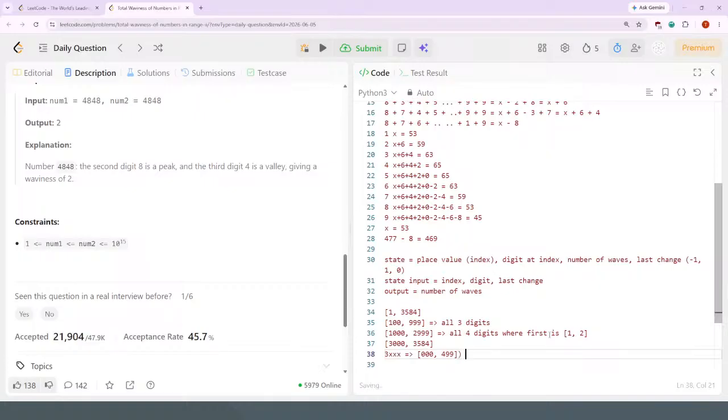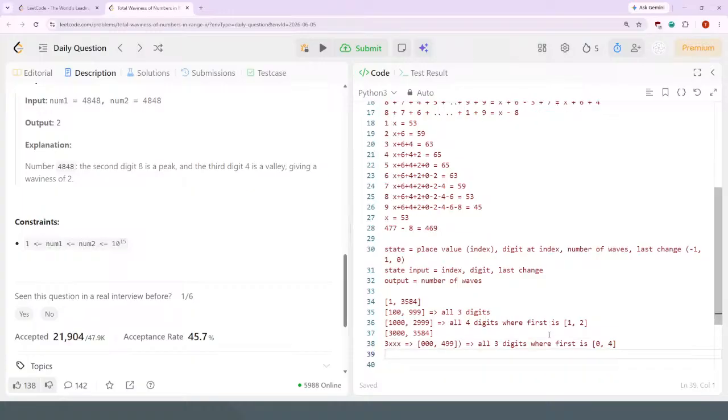So this is all 3 digits, where first is in the range of 0 to 4, and then the last one would be 500.